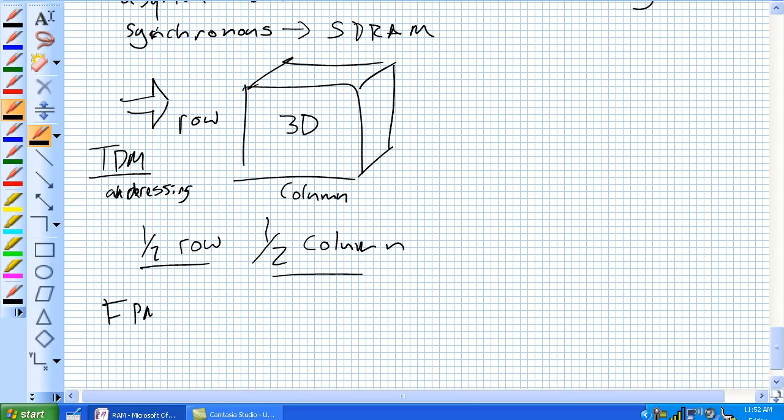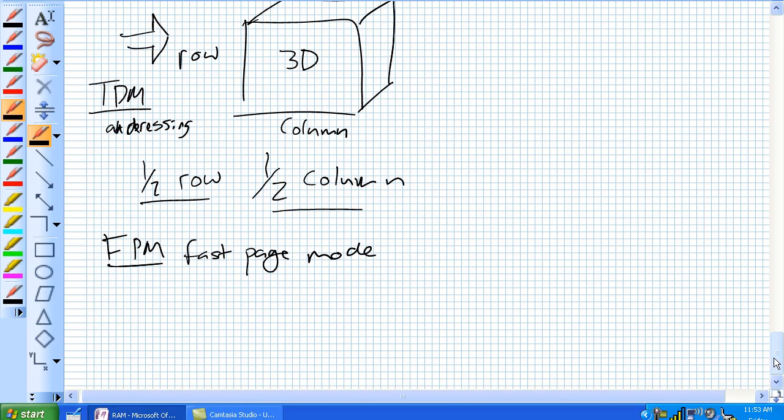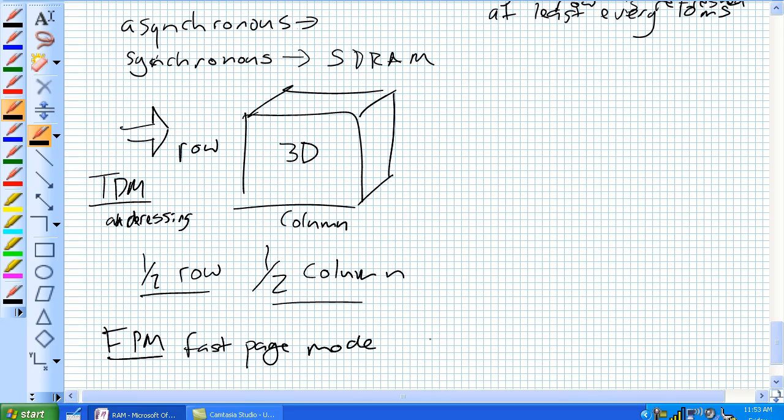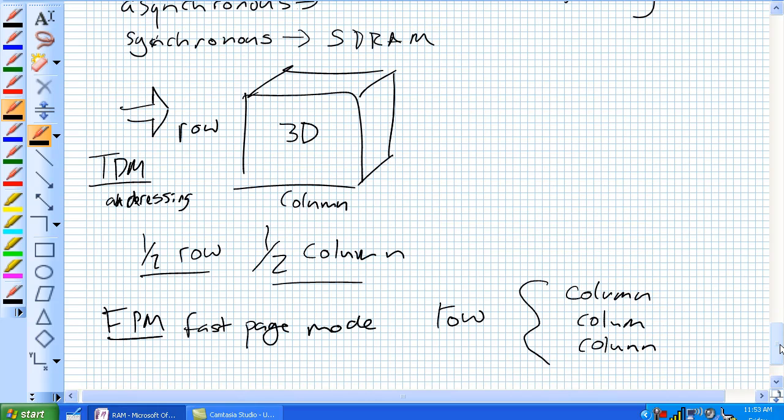FPM is very similar to this. That's fast page mode. Very similar to TDM in that there's the row, but then column, column, column, column, column. It keeps on going. So what you would expect for TDM is row 3, column 5.